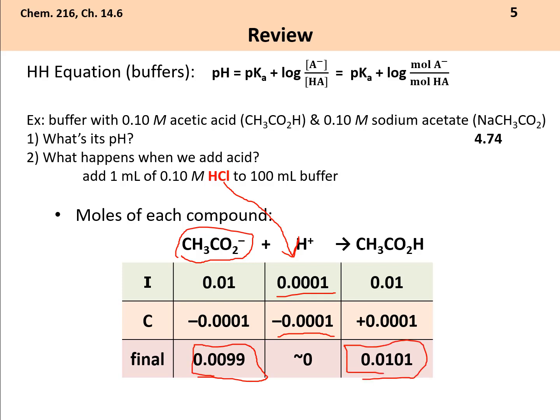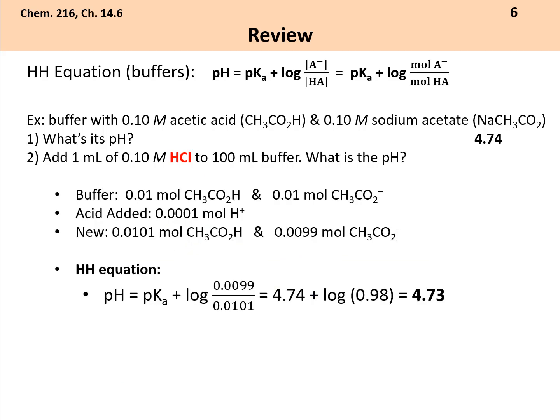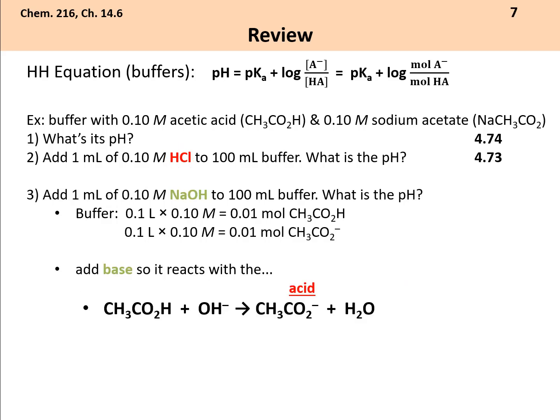Then I can use the Henderson-Hasselbalch equation to figure out the new pH. Notice when I added in HCl, my pH lowered, but it didn't lower a lot. It lowered only a little bit. That's if I add an acid. If I add a base instead, what's going to happen? My pH is going to increase, but it's not going to increase a lot.